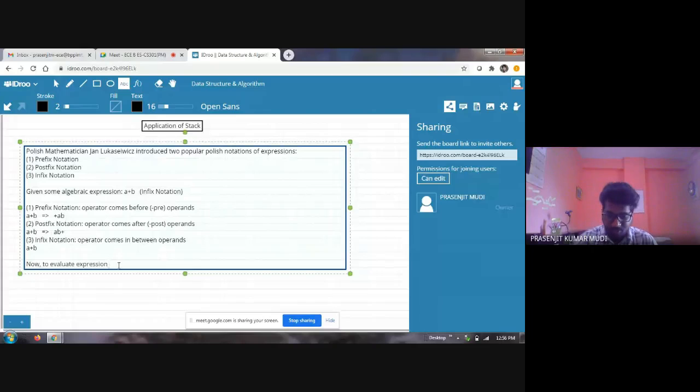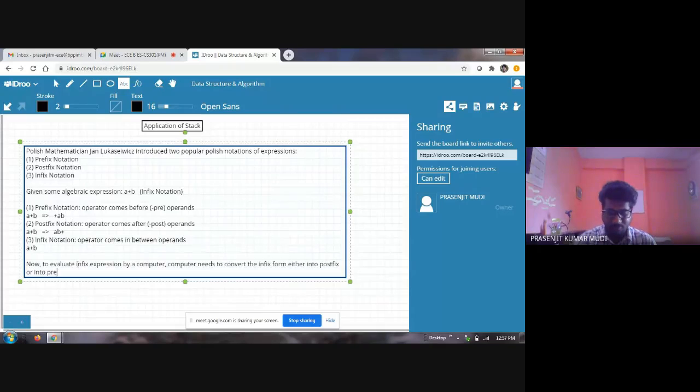To evaluate an infix expression, a computer needs to convert the infix either into postfix or into prefix form.